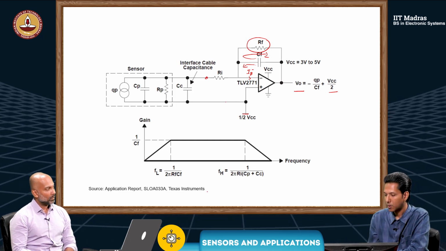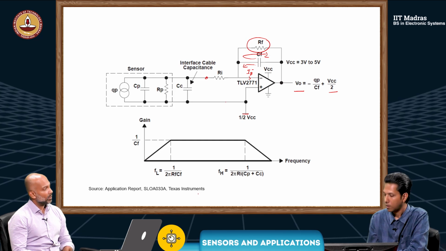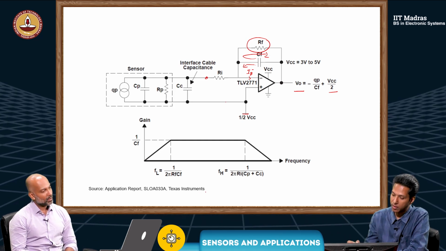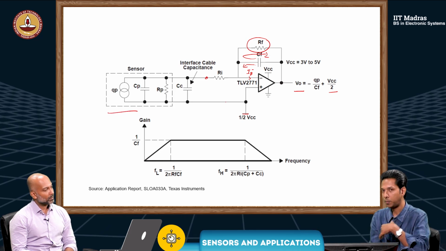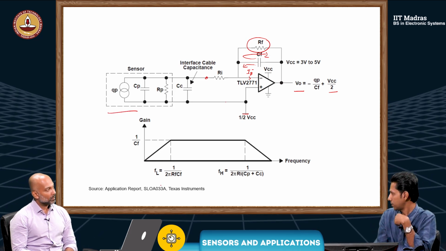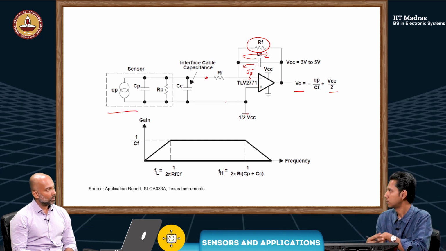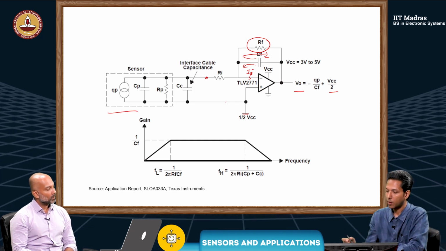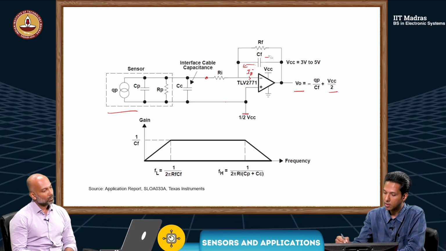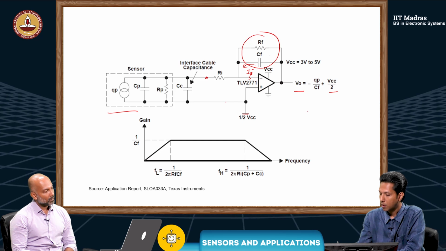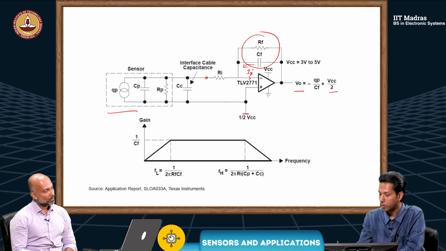How do you choose this RF value? For the piezoelectric sensor, you know some range of interest that you will have. Once you have this RF and CF here, the impedance is a parallel combination of the two.